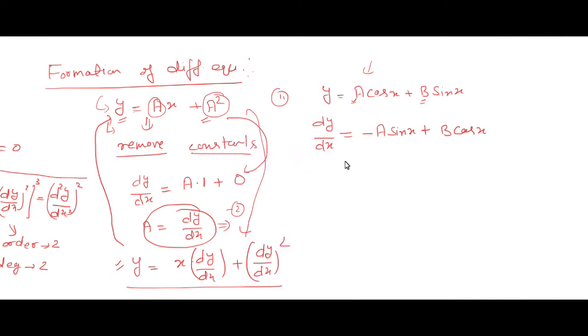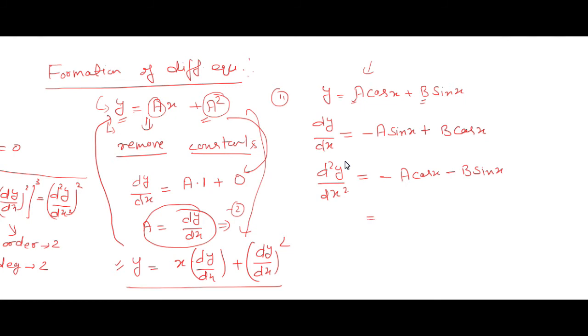Now again you cannot remove these two terms a and b. So to remove these two terms a and b, we will again differentiate this equation. We will have d2y by dx square equal to minus a cos x minus b sin x.